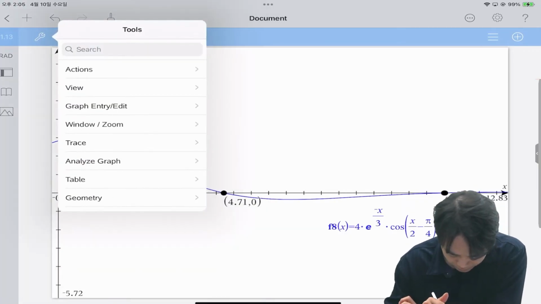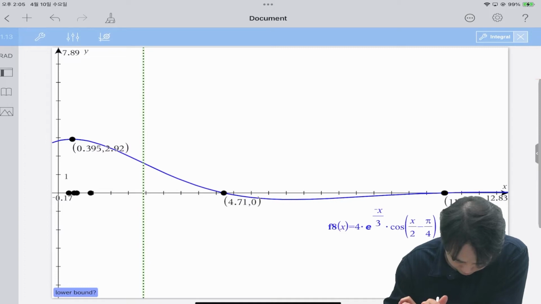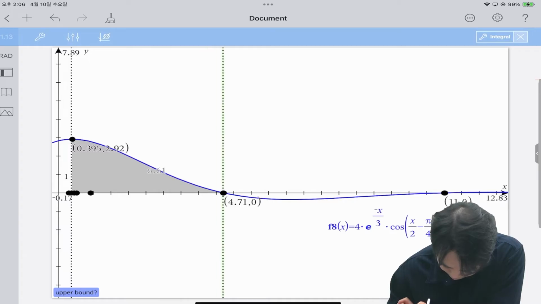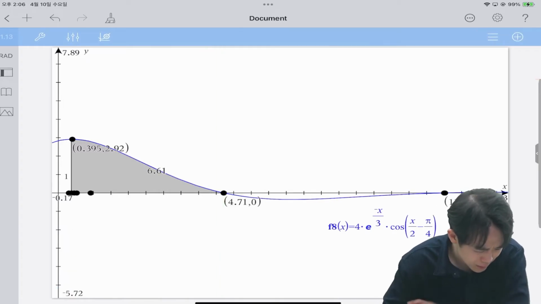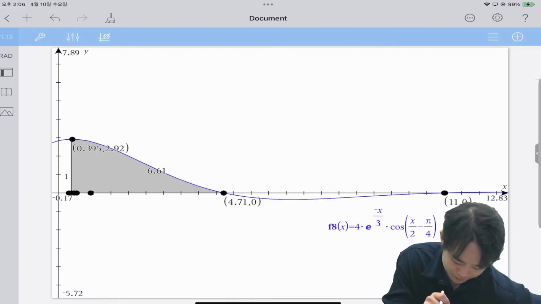Okay, so what you can do is create the integral for the lower bound being here, and the upper bound is going to be around here. So that's area 6.61, all roughly speaking.